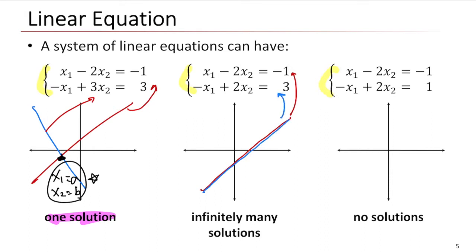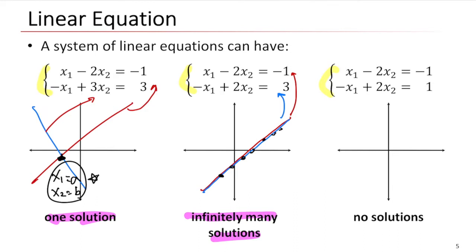For example, in this case, we have exactly the same line, so they are equal to each other at every possible point. So there will be infinitely many solutions. Okay, so this is another possibility.